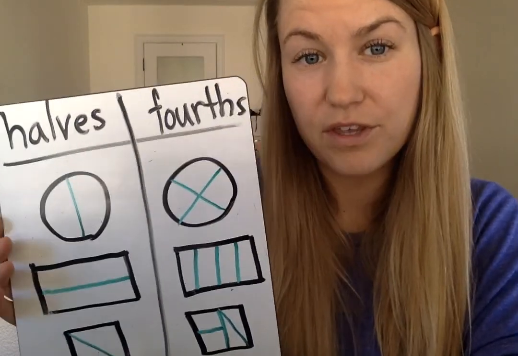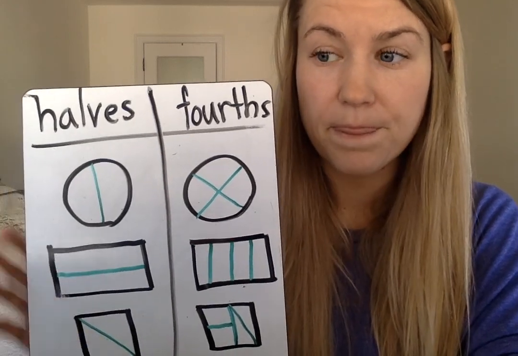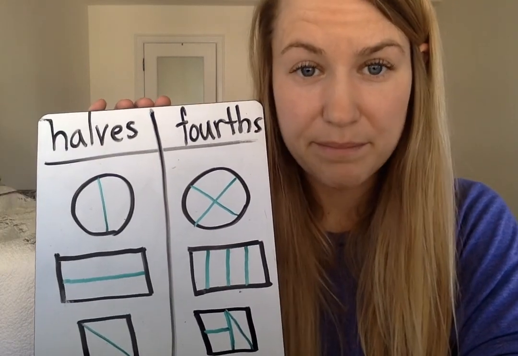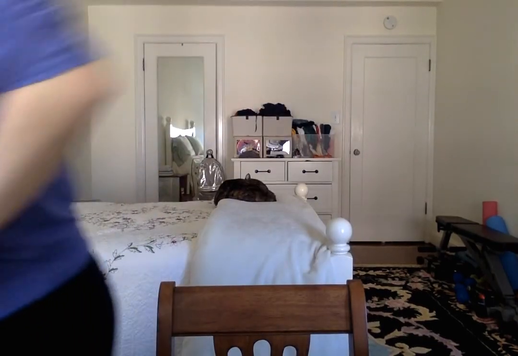Another word that we use for fourths is called quarters, and you can remember that because a quarter, like we've learned before, an actual quarter, oh, this one's upside down, all right, but in order to make $1, you need how many quarters? 4 quarters, all right? 4 quarters equal $1, 1 whole of a dollar.